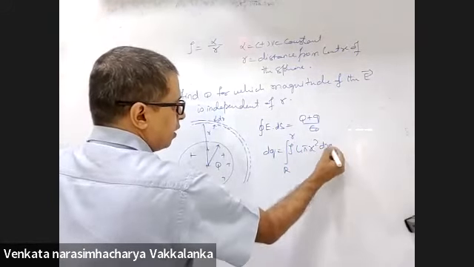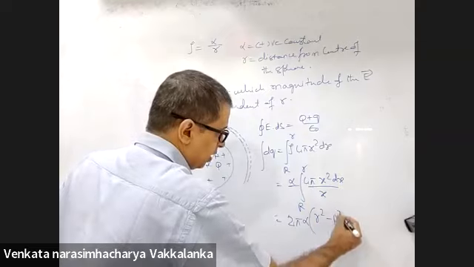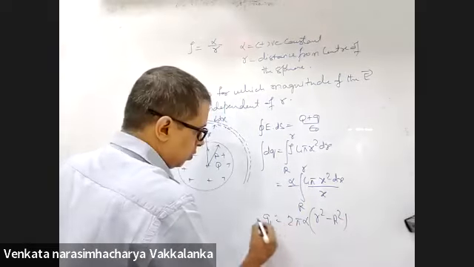Alpha by x, because it depends on the distance from the center. So 4 pi x square dx times alpha by x, integrate from capital R to small r. 4 pi alpha, integral x dx is x square by 2. This will become 2 pi alpha times small r square minus capital R square.